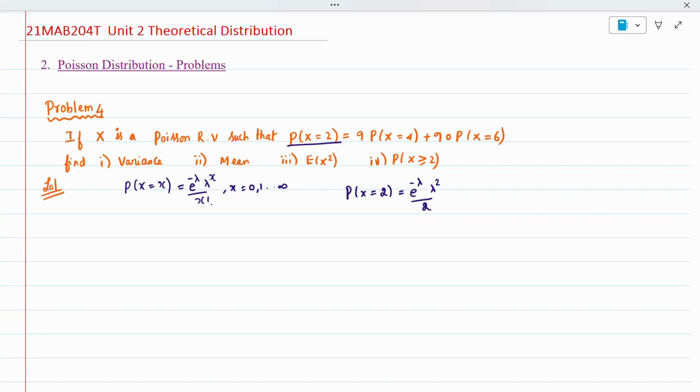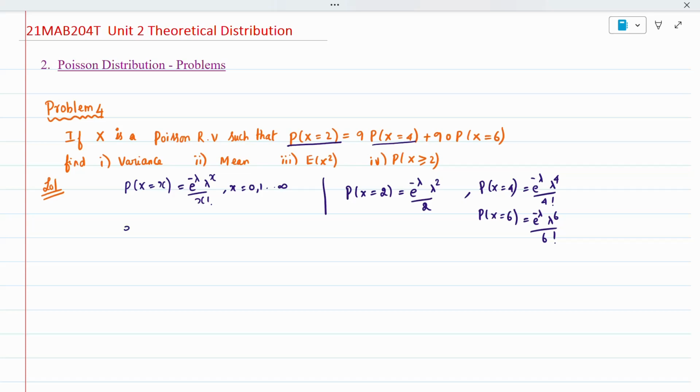Same way, probability of X equal to 4 is e to the power minus lambda, lambda power 4, divided by 4 factorial. Same way, probability of X equal to 6 is e to the power minus lambda, lambda power 6, divided by 6 factorial.